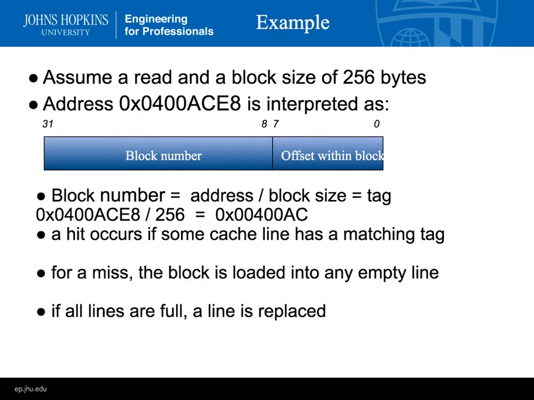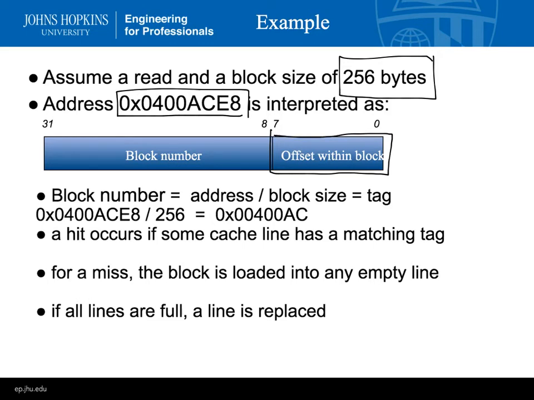So here's our traditional address size that we deal with in MIPS, a 32-bit address. If we say we would like to access this address in memory, and we have a block size of 256 bytes, log 2 of 256 is 8. So the lower 8 bits is the offset within the block that we're looking for, and the rest of the bits are the tag.